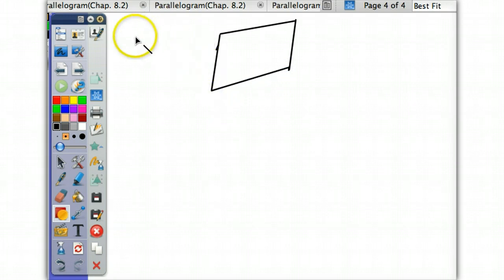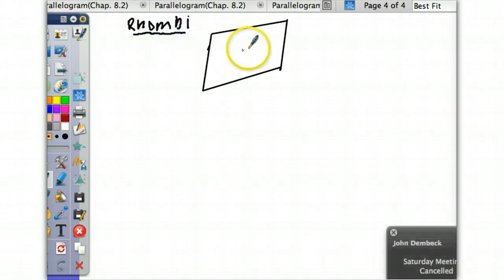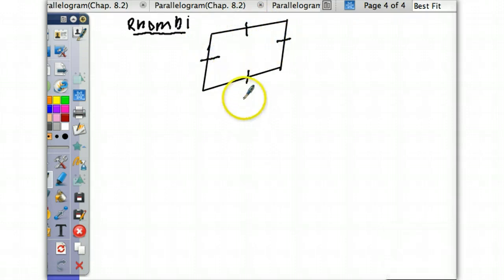So, not quite, but anyway, rhombus, or as one of my students likes to say, rhombi plural. If you got a rhombus, what's going to happen is that the four sides are the same. Does that remind you of anything? Maybe like a square, but it doesn't have to have the four corner angles being right angles.